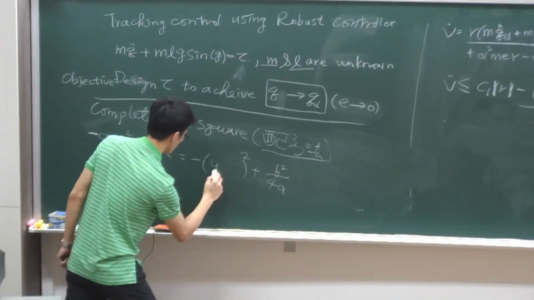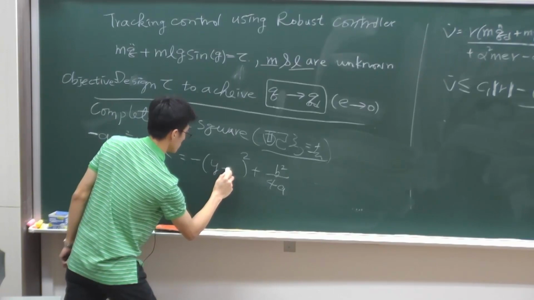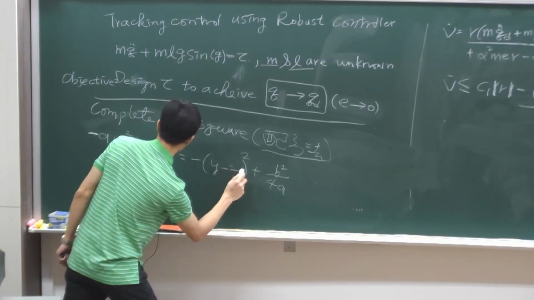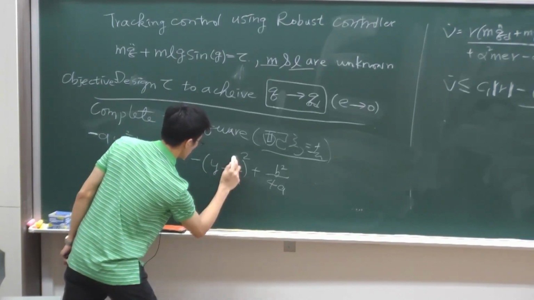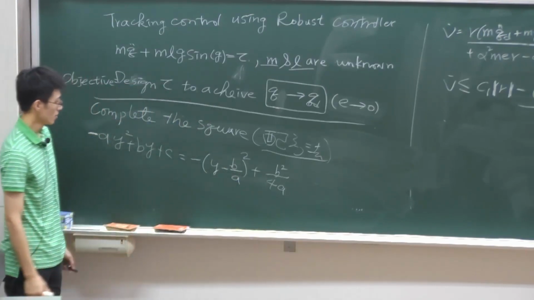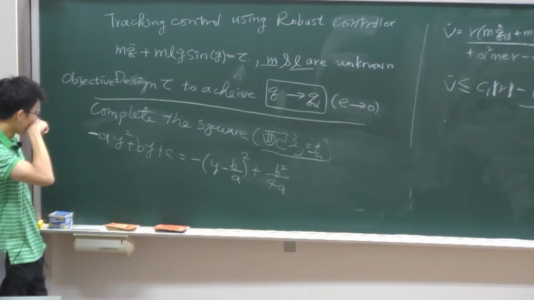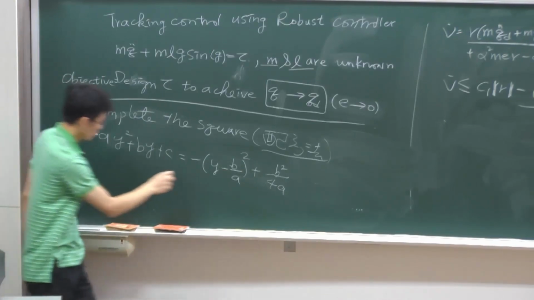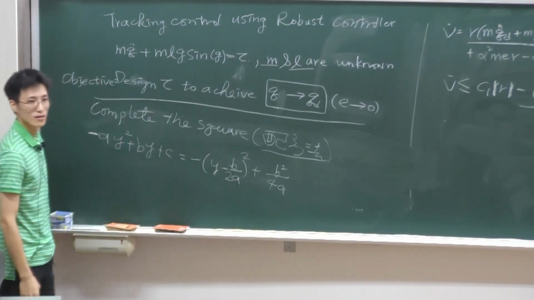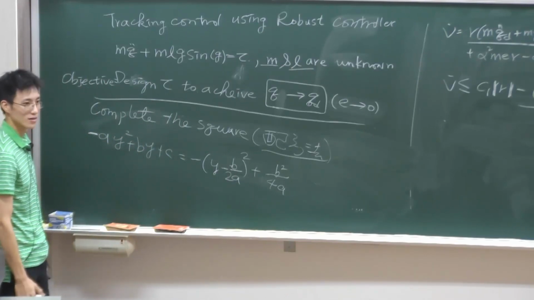Here is y minus ab. Remember? Is this written correctly?